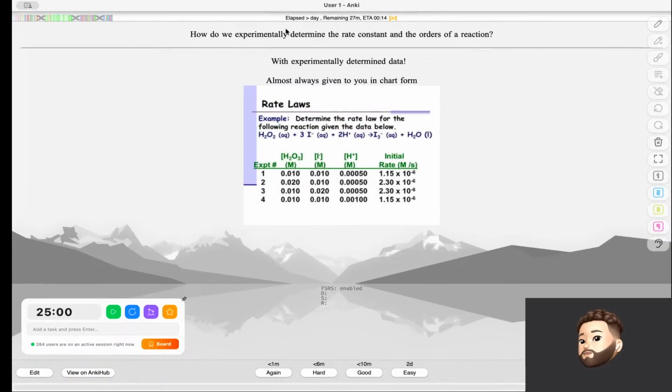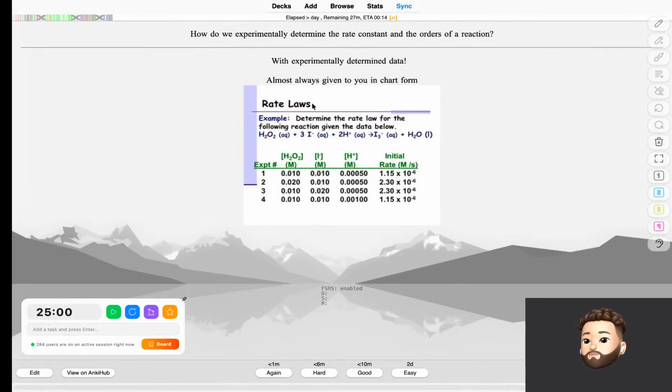Actually, let's see if Gemini will give us a better response. It did not, in fact, give us a better response.